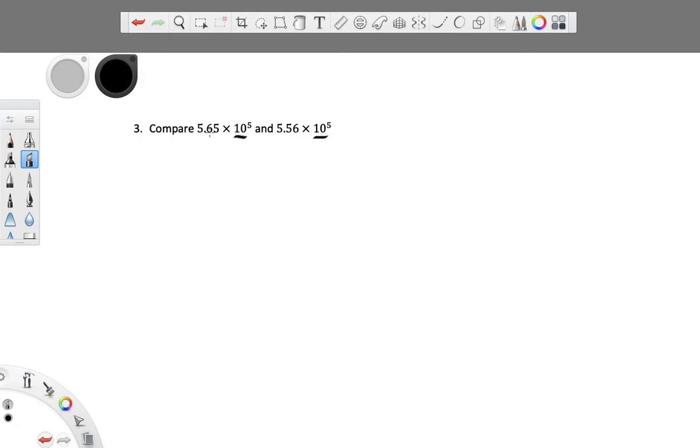We can see that 5.65 is bigger than 5.56. So we just write 5.65 times 10 to the 5 is greater than 5.56 times 10 to the 5.